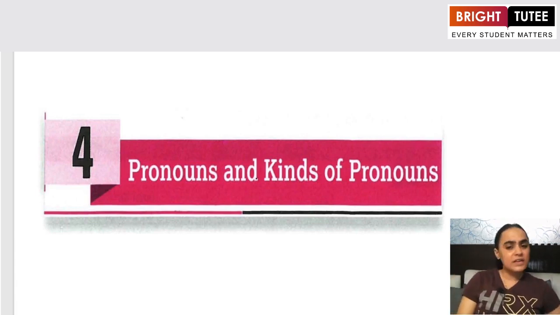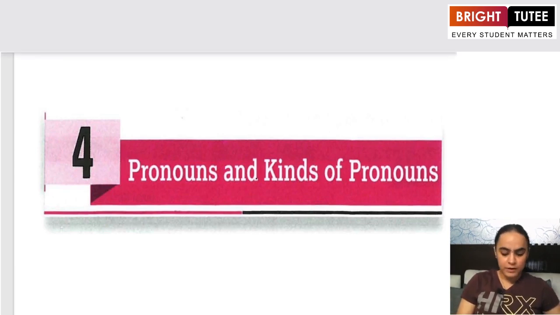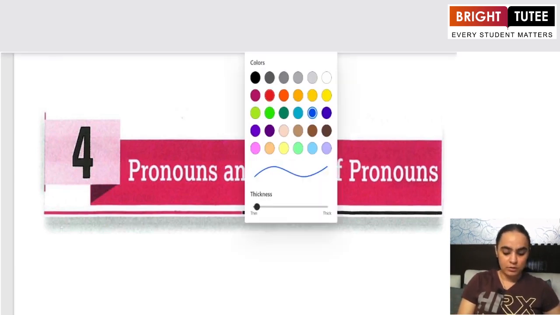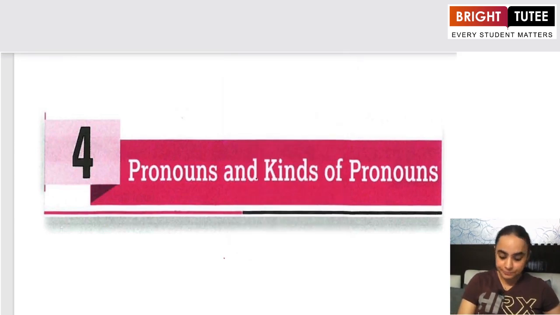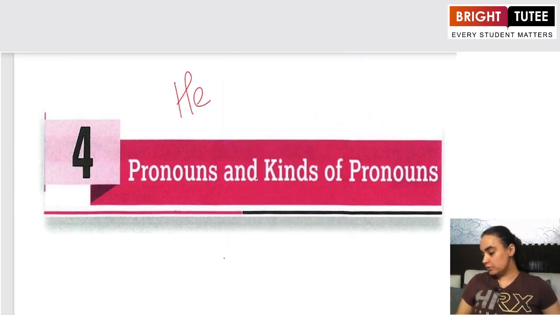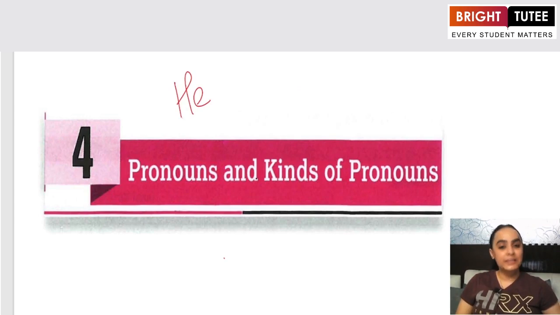So what is the alternative I have? What if I do not want to use the noun again in the sentence? I am going to replace it with the pronoun. So pronouns are those words which are used in place of nouns. We have different types of nouns.